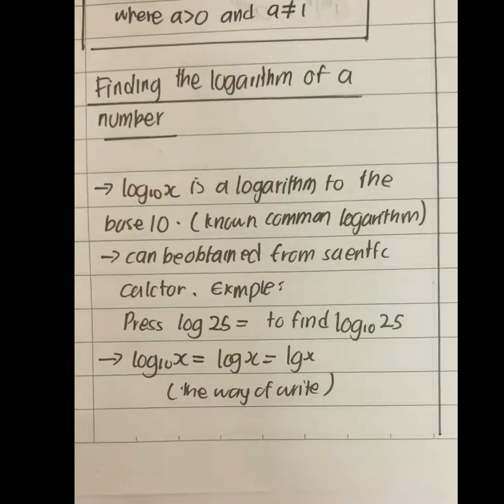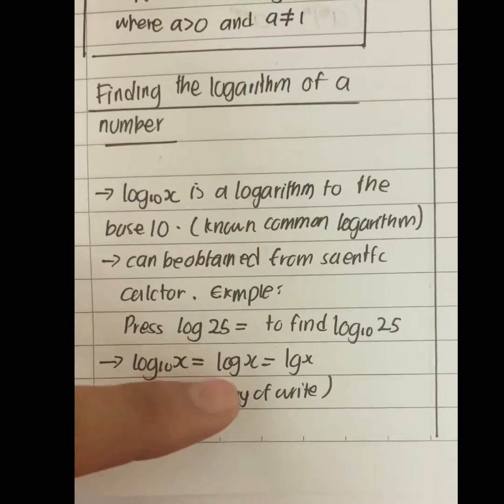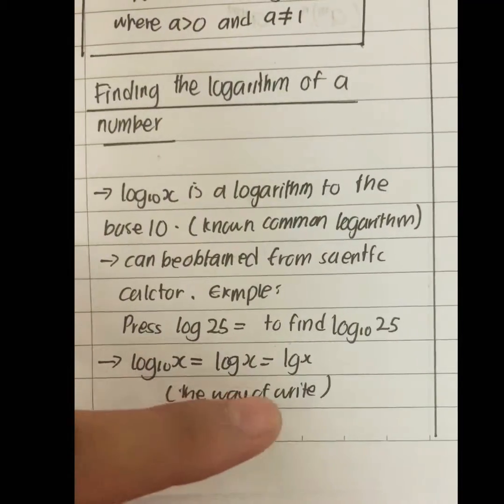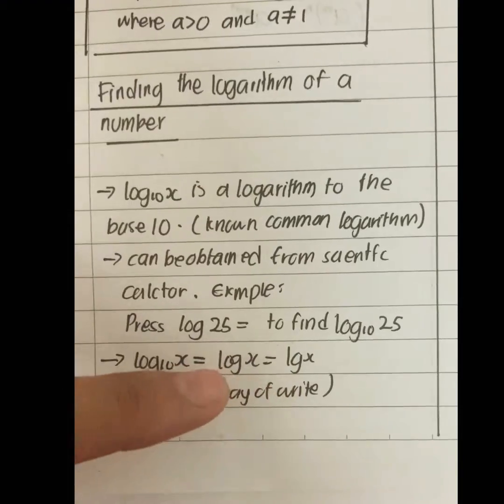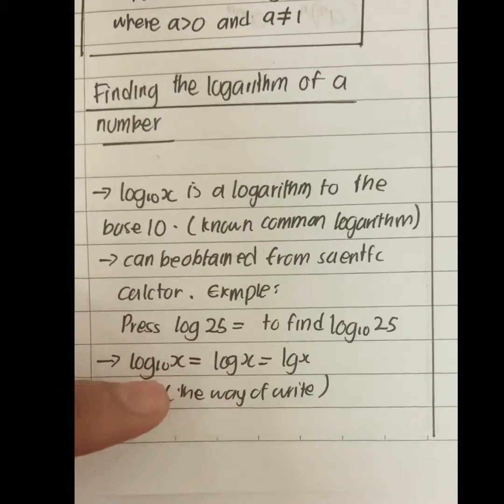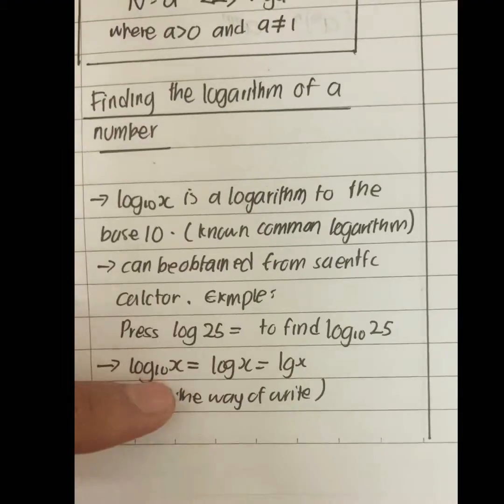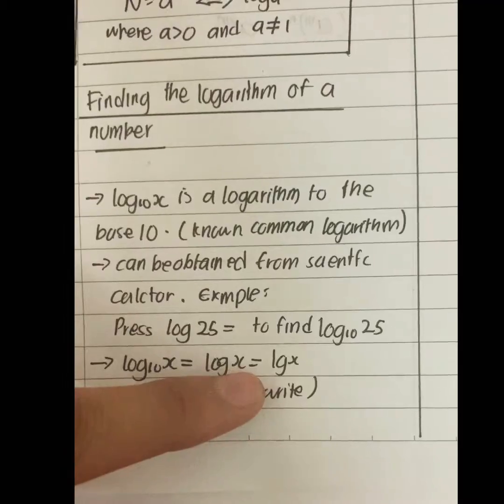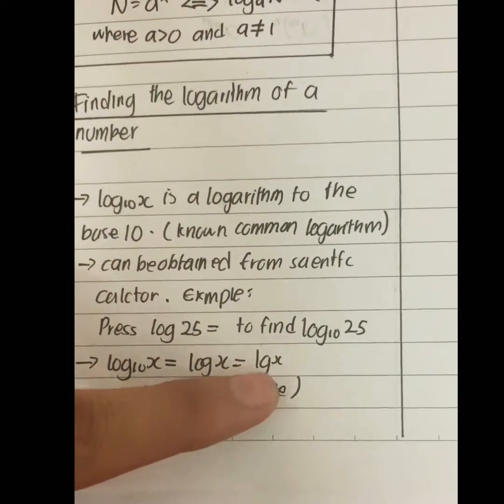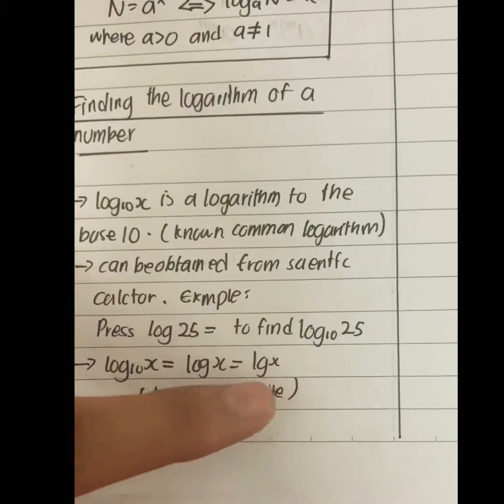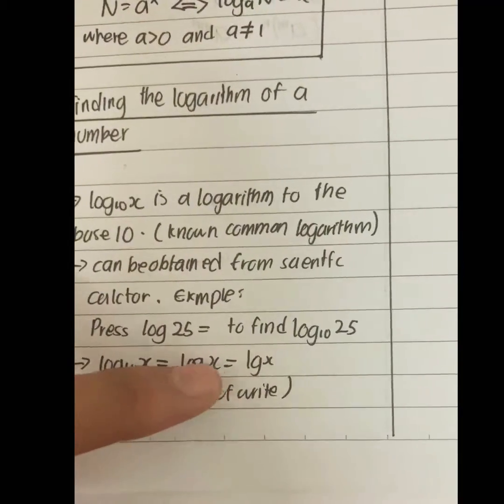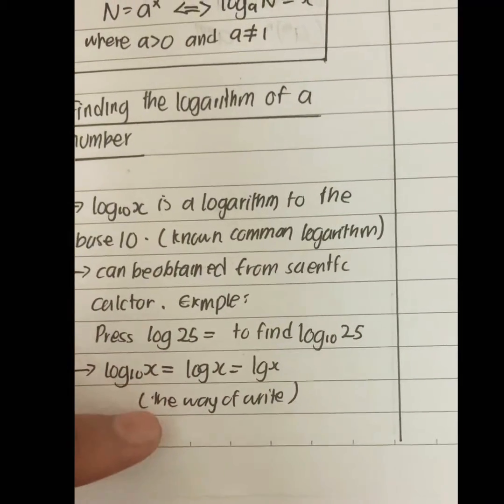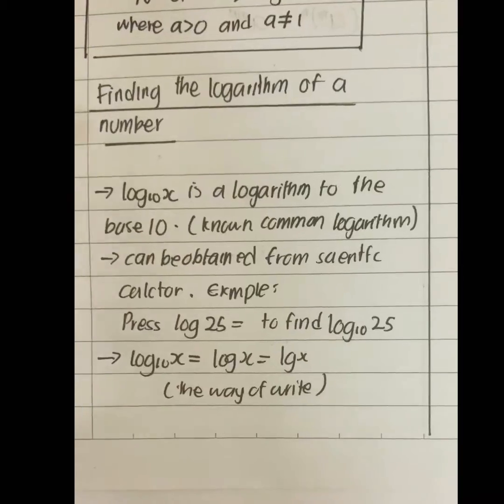This is the way we can write it in the exam, so the candidate must know how to write this. But this is only applicable for base 10. Log x to the base 10 can also be written as log x or lg x. The examiners will understand that log x and lg x mean log x to the base 10. This is just the way we write.